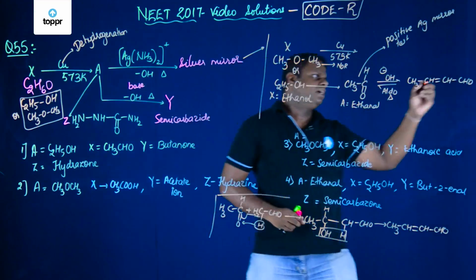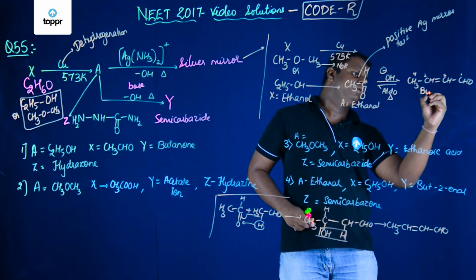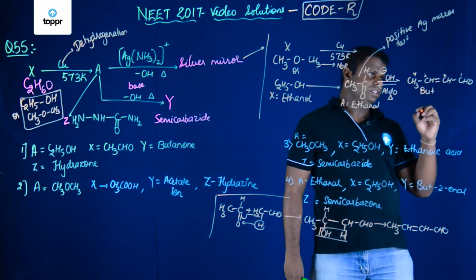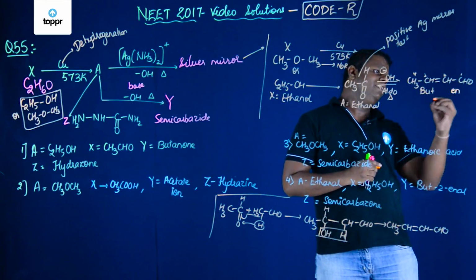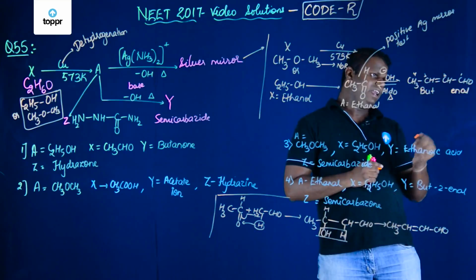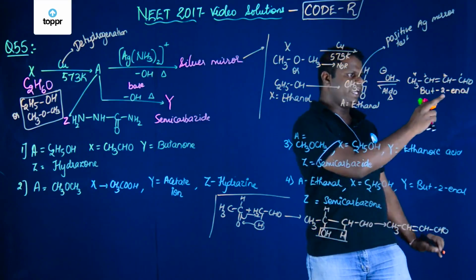If you count, this is 1, 2, 3, 4, so this is basically but-2-en-1-al, the double bond being between 2 and 3.